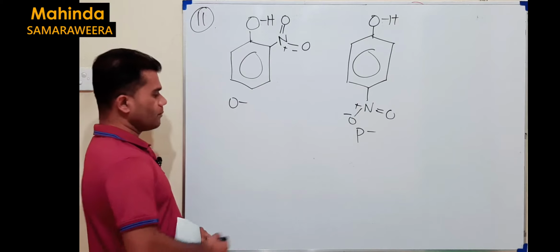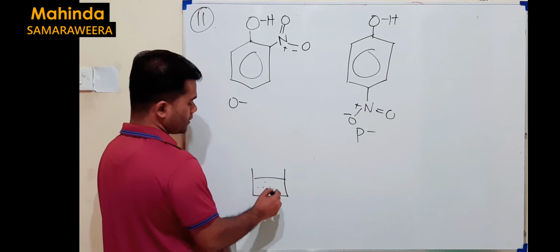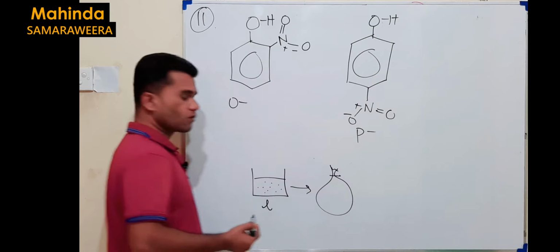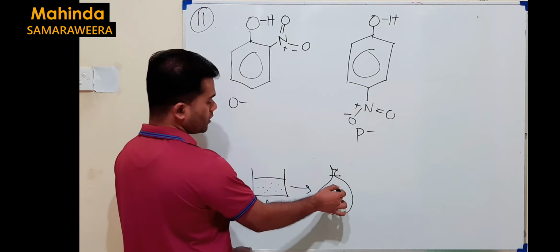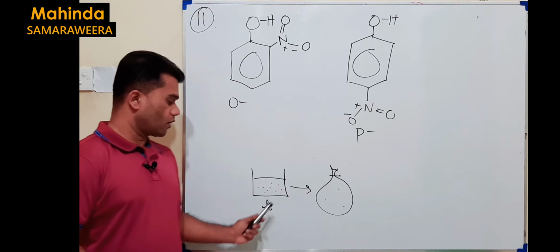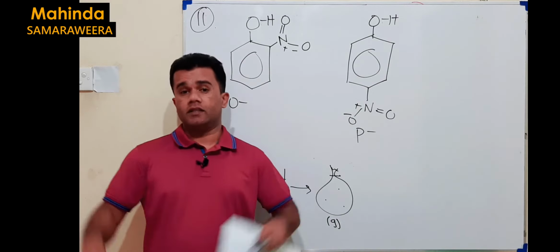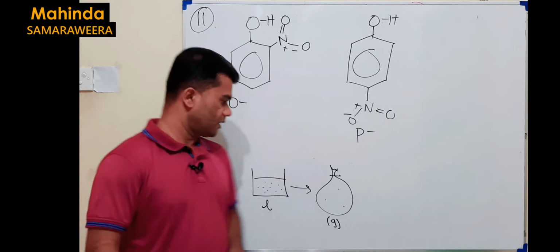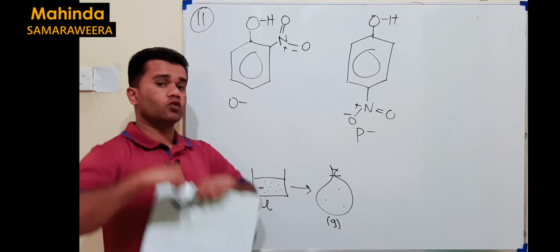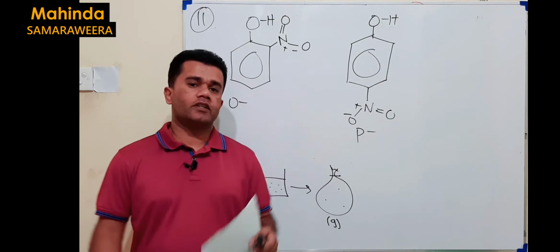Why? Volatile means, if you consider a liquid substance, we have particles like this. Volatile means liquid turns to gas. In the case of gas, the interparticle distance is large compared to liquid. Therefore, converting liquid into gas means simply separating particles. If the two particles are strongly bound in the liquid, is it easy or difficult to volatilize?